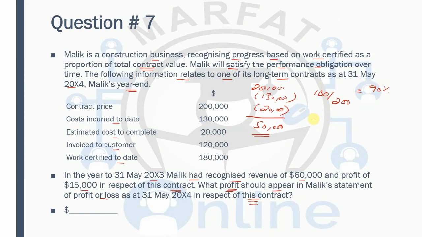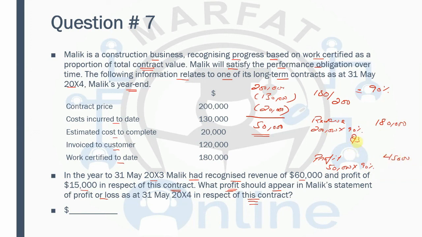Now step number 3, revenue. How much is the revenue? 200,000 multiplied by 90% is 180,000. And then we have the profit. How much is the total profit? 50,000 multiplied by 90% means 45,000.